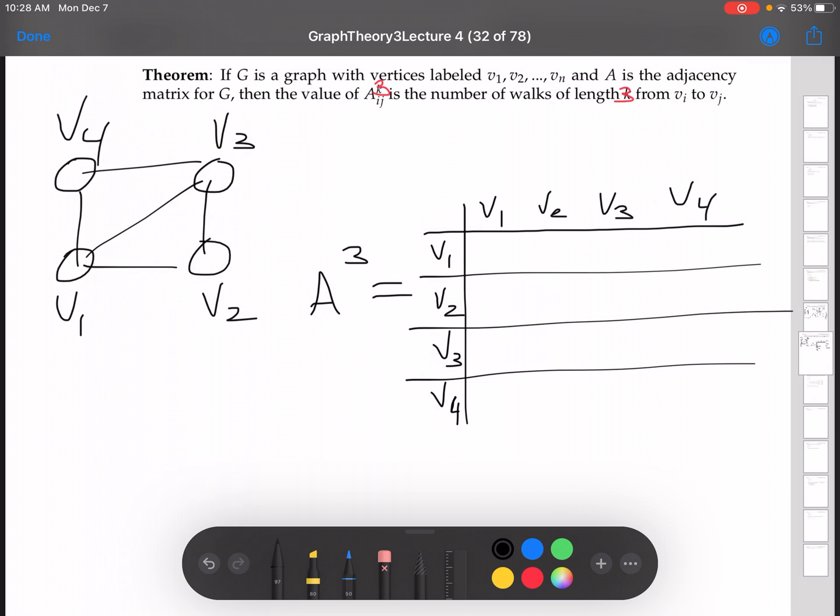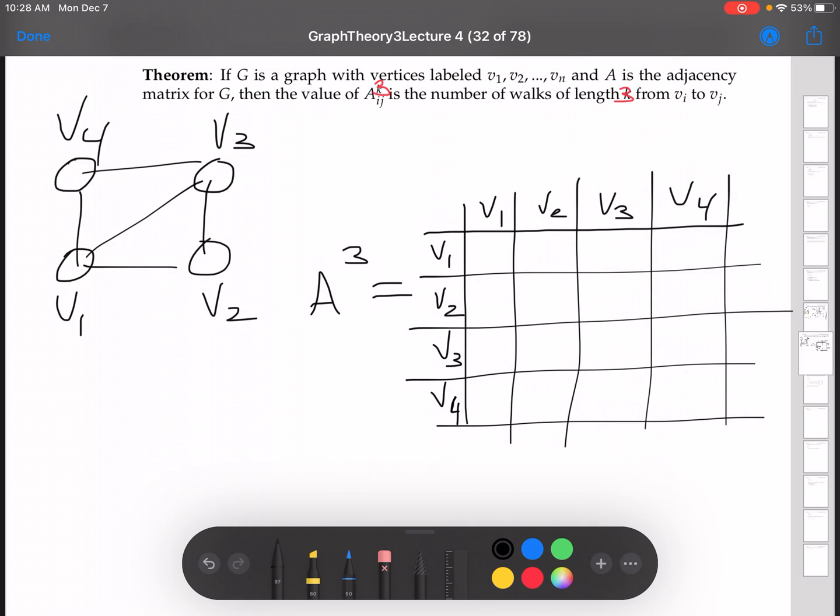Even make it into a little table, that's fine. Now, A cubed ij is the number of 3-edge walks from vi to vj. So let's consider first this entry right here, v1, v1.